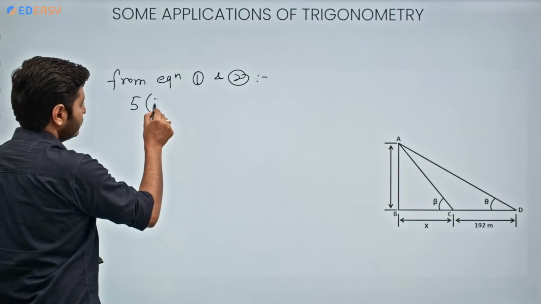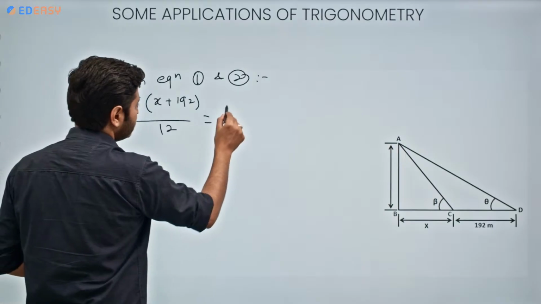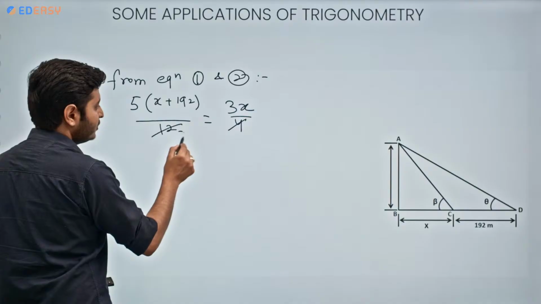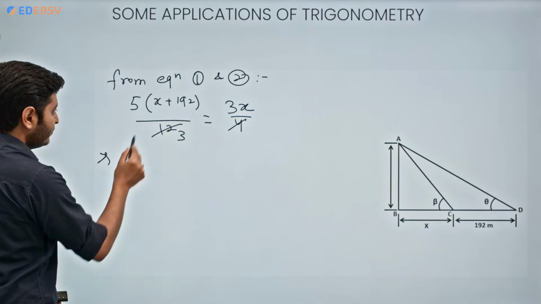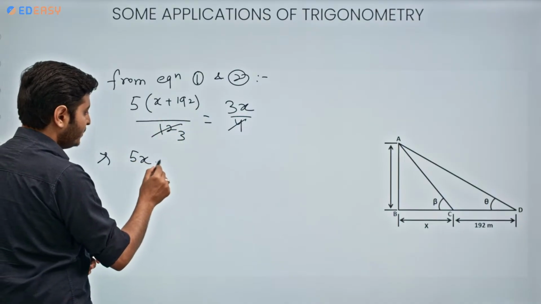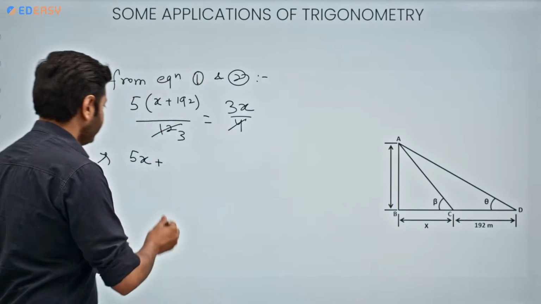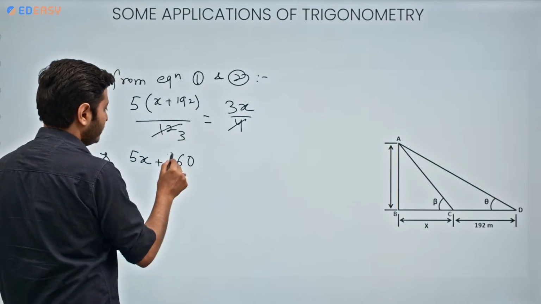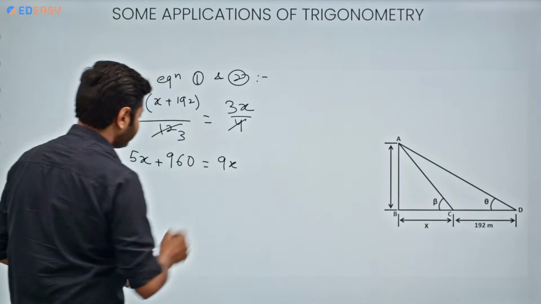So 5 into (x plus 192) by 12 is equal to 3x by 4. 4 and 12 are cancelable by 3. 3 I will transpose to the right side. So the equation will become, I will open the bracket, 5 into x, 5x, plus 5 into 192, that would be 960, is equal to 3 into 3x, 9x.